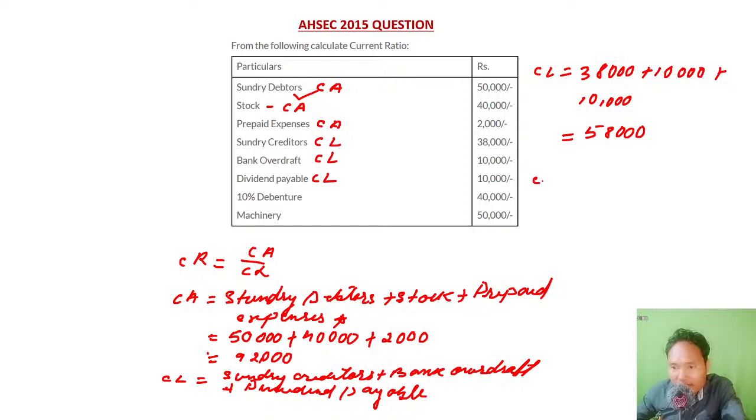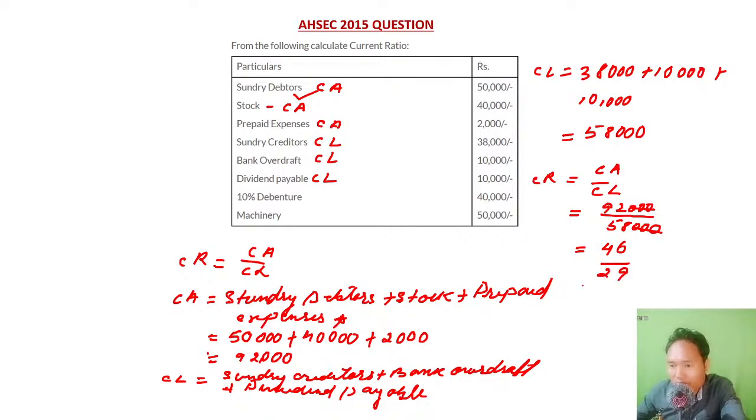Now what will be the current ratio? As we know, current ratio is equal to current assets by current liabilities. Then put the values: current assets we have 92,000 divided by 58,000. Reduce all the zeros, and after that you can reduce further.